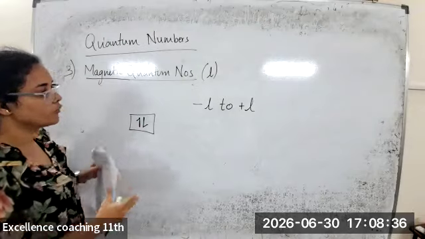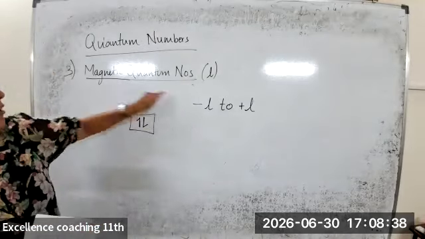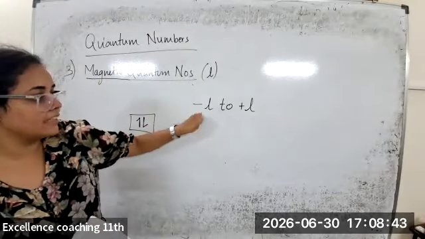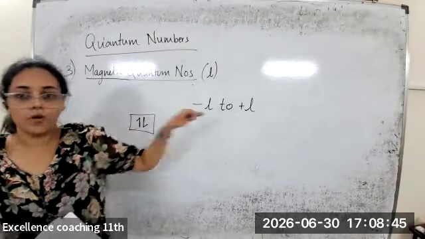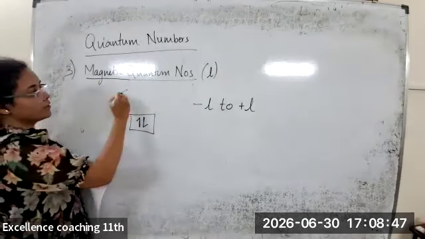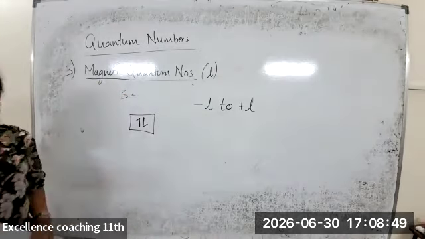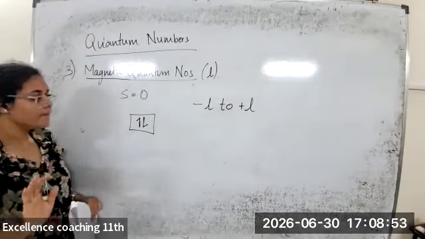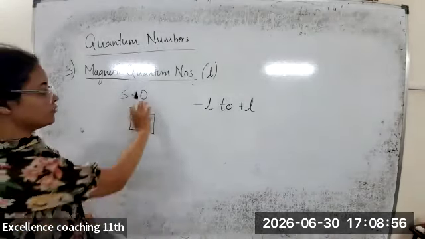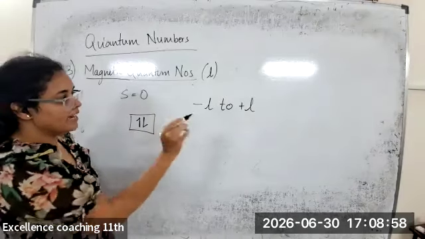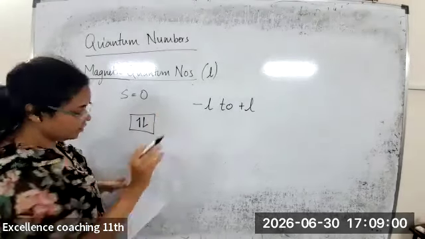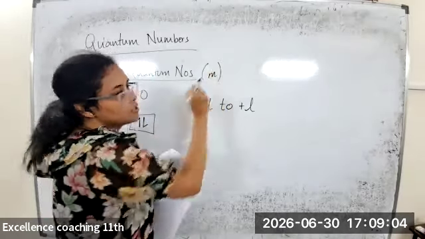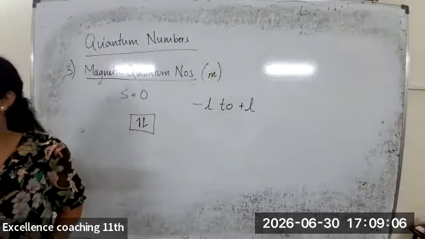So when I speak about the magnetic quantum number, it can have values from minus L to plus L. What was the value of L for s? Zero, right? You represent the magnetic quantum number with a small m.